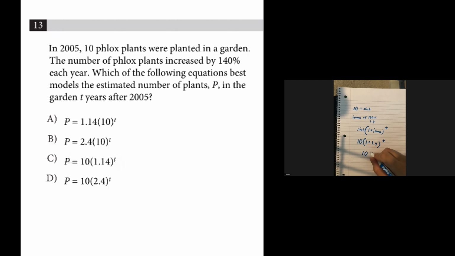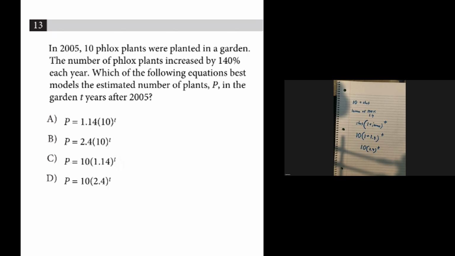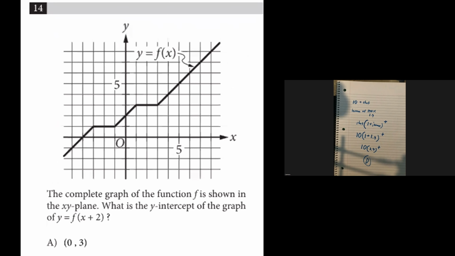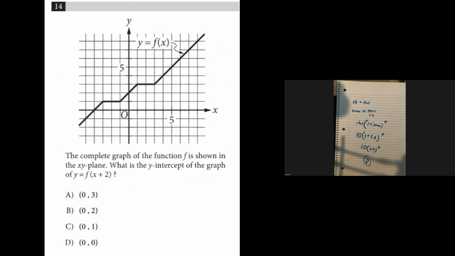And so 10 times 2.4 to the power of t, which would get us an answer of D. Any questions? All right, question 14. It shows a graph of a function f. I'll give you a minute.